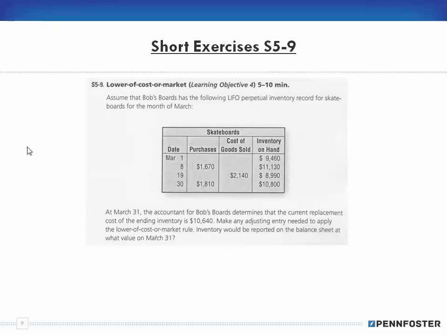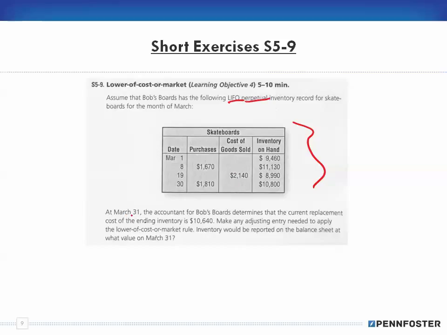Right, so lower of cost or market. Assume that Bob's Boards has the following LIFO perpetual inventory record for skateboards for the month of March. So this is the LIFO perpetual method.